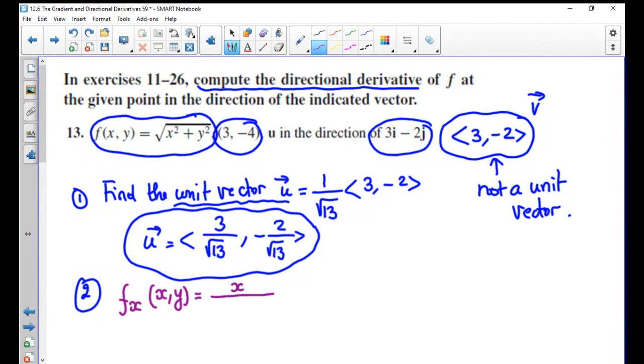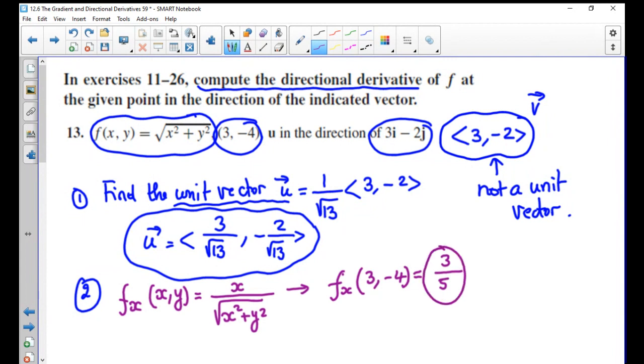You can check it. It's x over square root of x squared plus y squared. So that means fx at the point (3, -4), substitute, and you will see that it's 3 over 5.